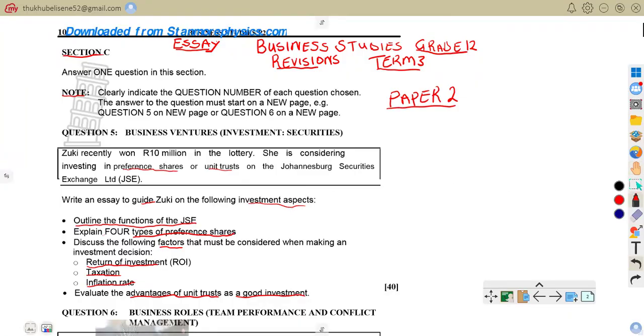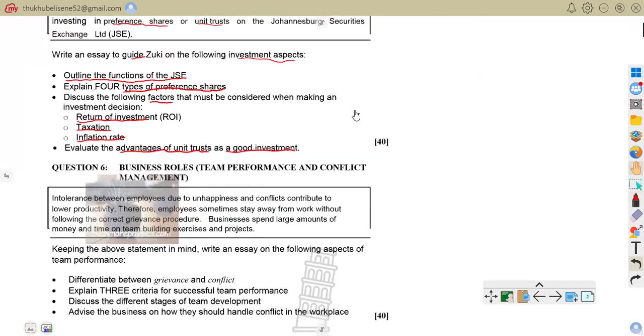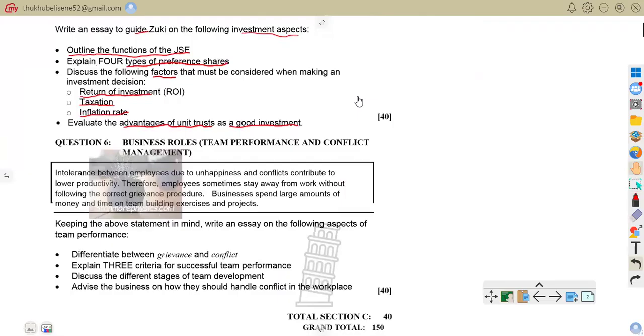So here we are on our question 6. Question 6 reads as follows: Business rules, team performance, and conflict management. There is a scenario that we are given. Intolerance between employees due to unhappiness and conflicts contribute to lower productivity.